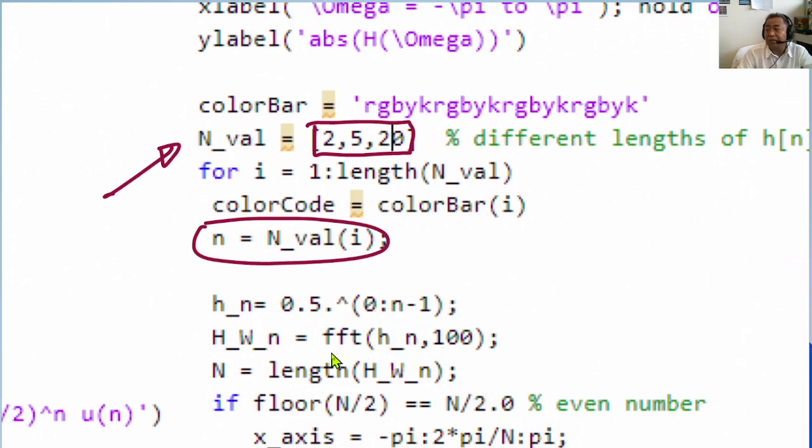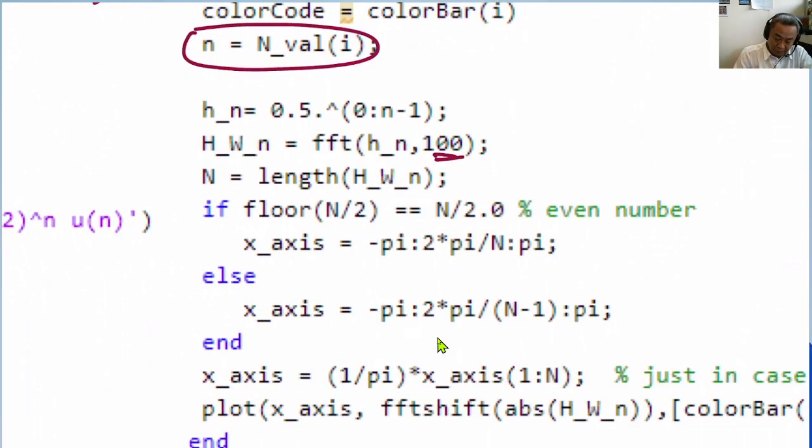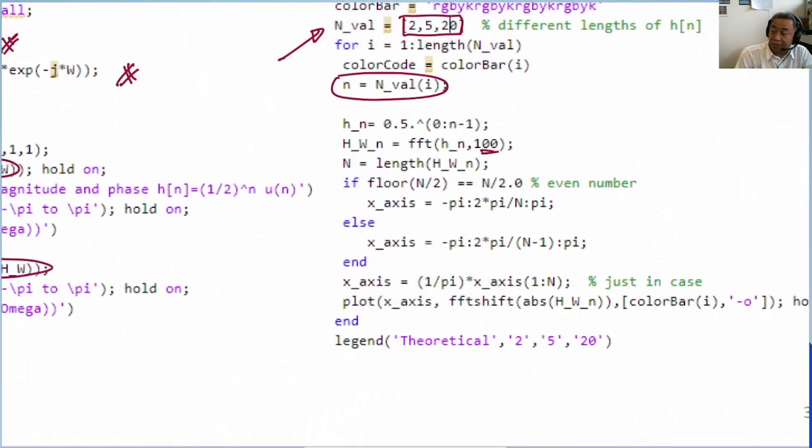And then I just take the Fourier transform with respect to capital N equals 100. So even though, let's say, I have 2 numbers, I'm padding them with zeros after that, so that the Fourier transform is operating at capital N equals 100. And then after that, I plot the different DFTs of the finite sequences.